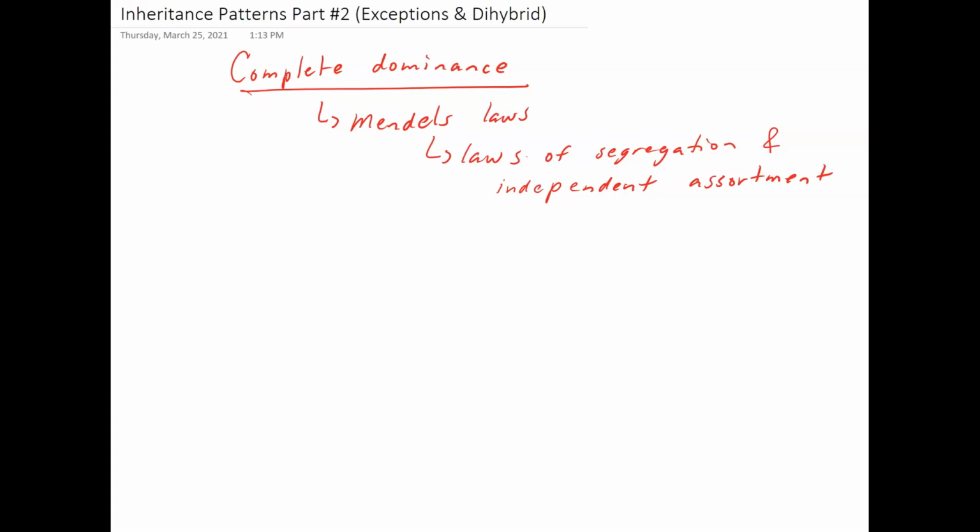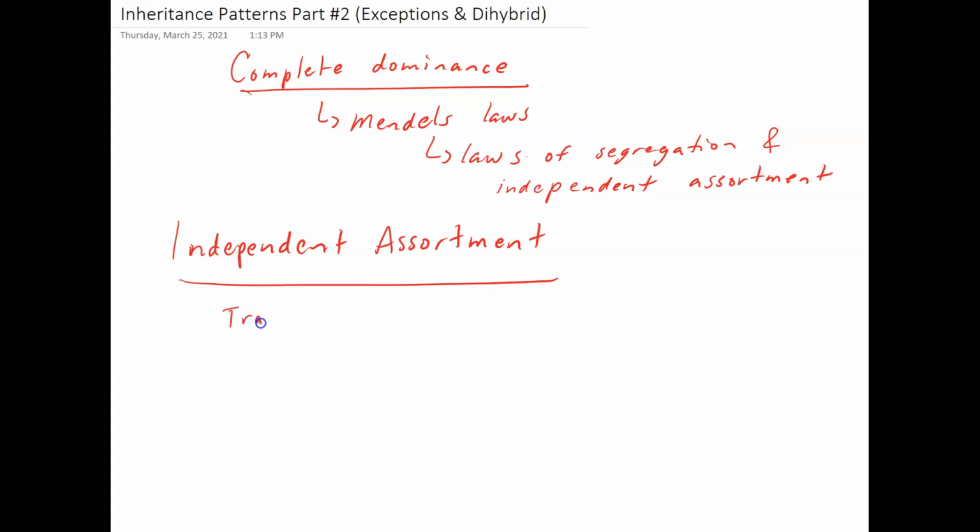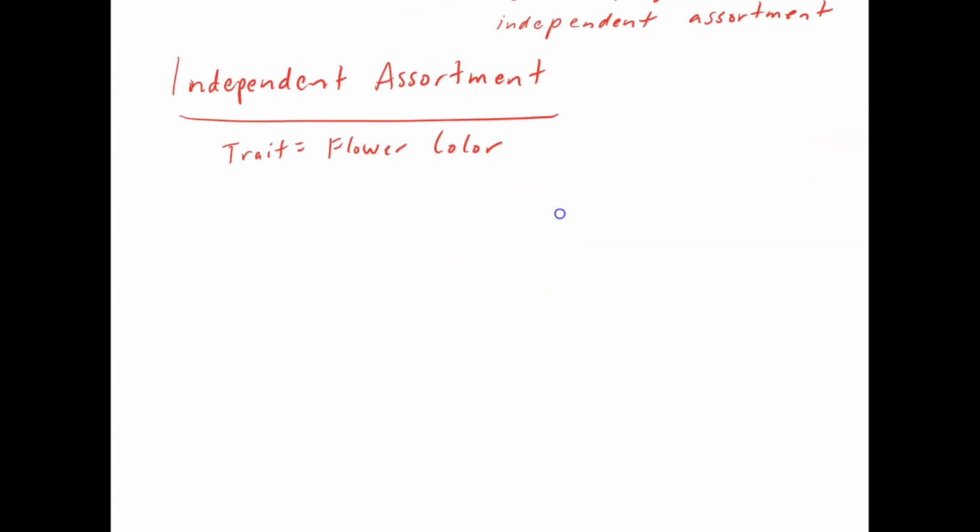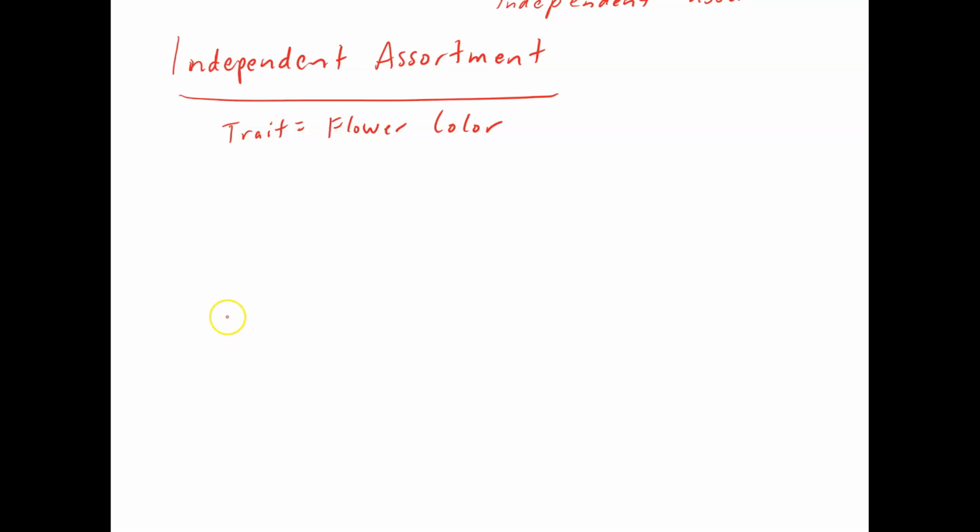So specifically the idea here for independent assortment, first of all, as a review, the law of independent assortment is saying that if we have, for example, in Mendel's pea plants, one trait which might be flower color, and then another trait which might be the height of the plant.